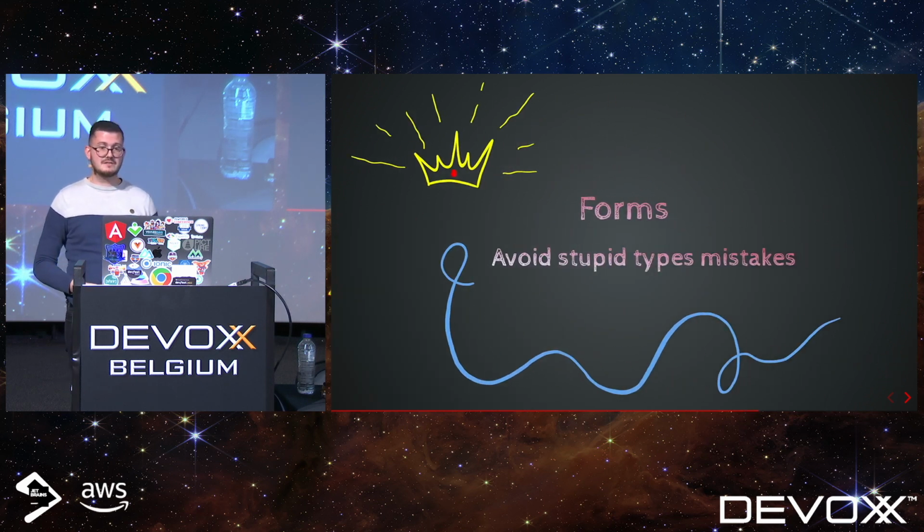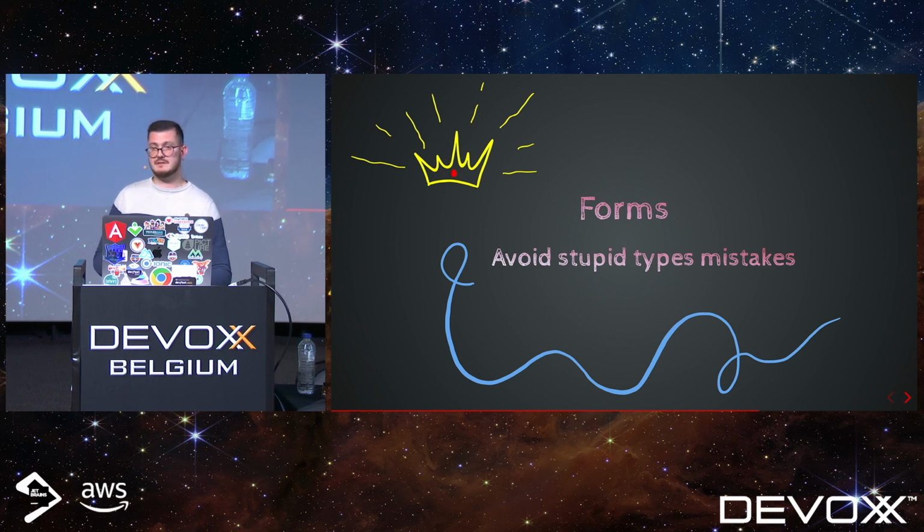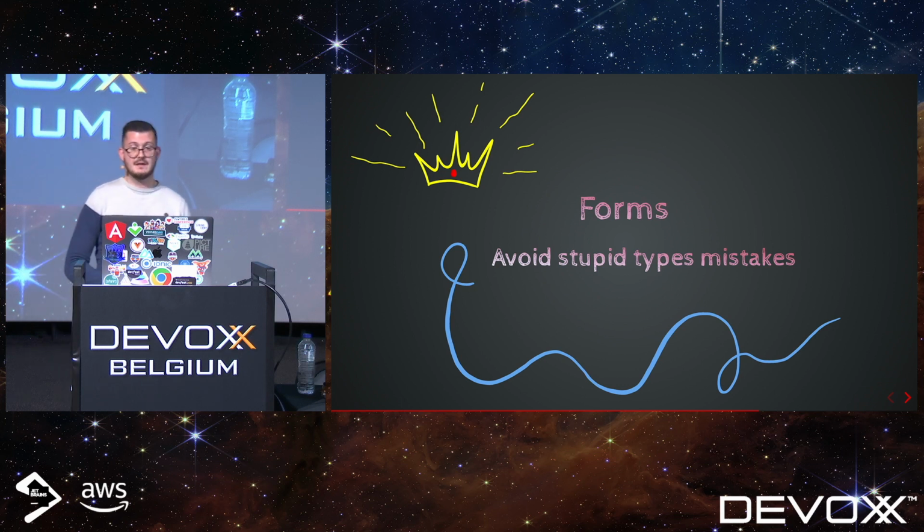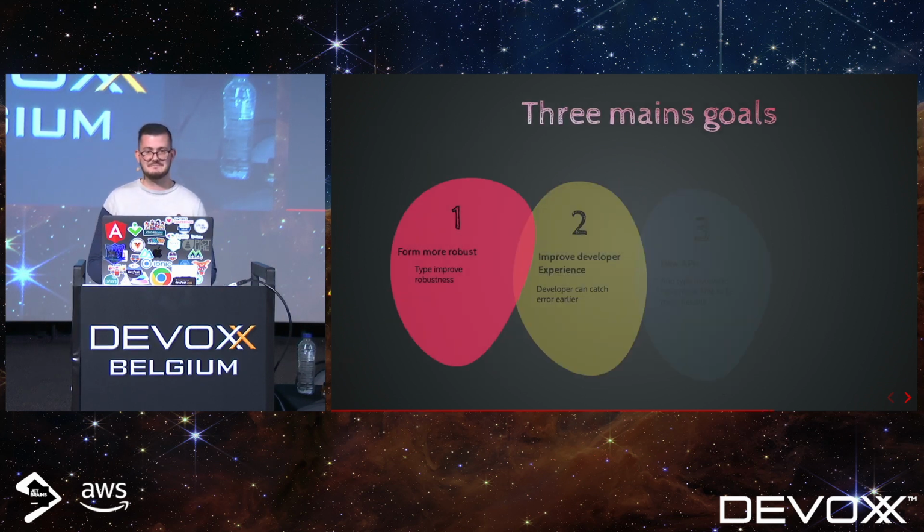So now let's go on to forms. It was a big feature requested by the community, and the community wanted all the Angular forms to be typed. And now this is the case. So typed forms let us avoid stupid type mistakes. Okay?